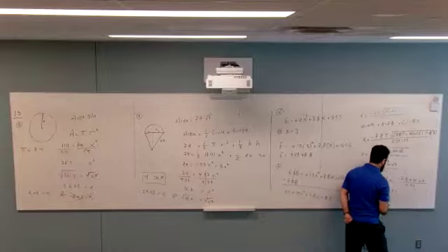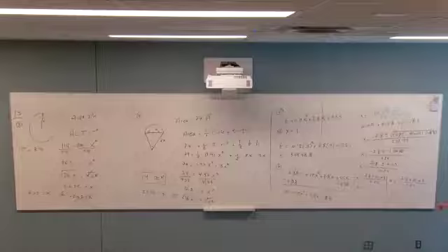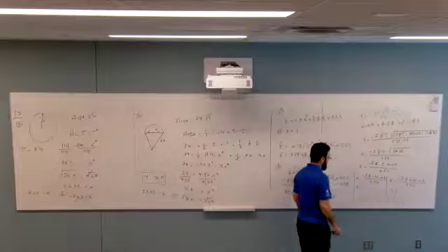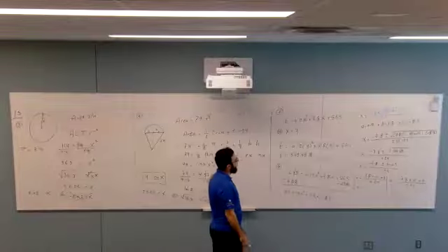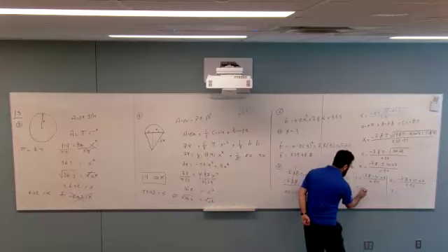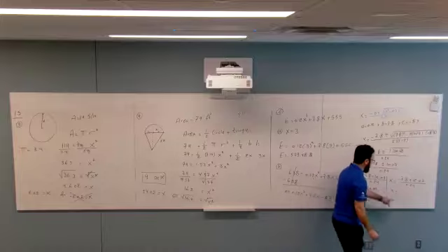Tell me the second one. How much do you get for this one? Negative 74.29. Okay. What about the other one?